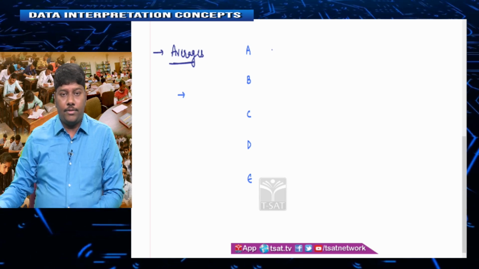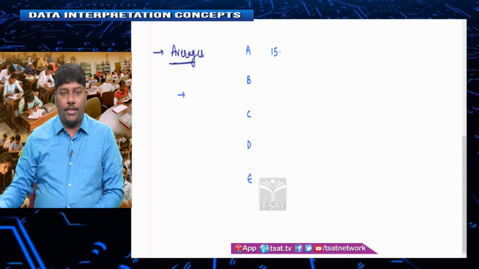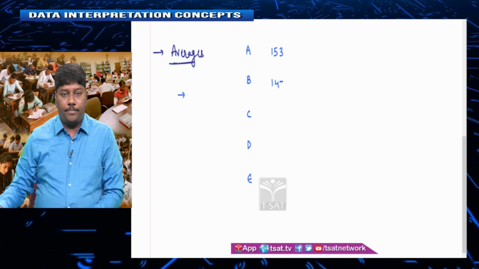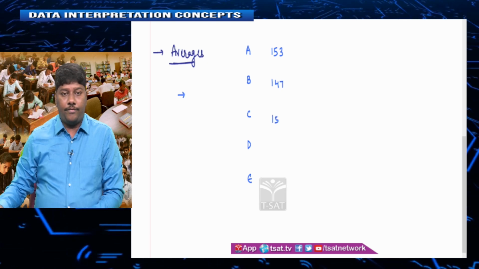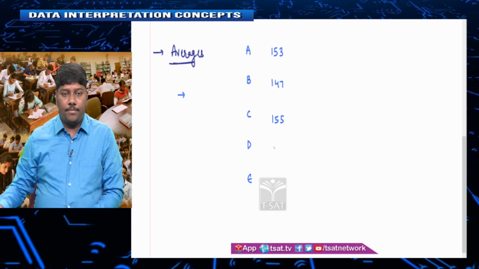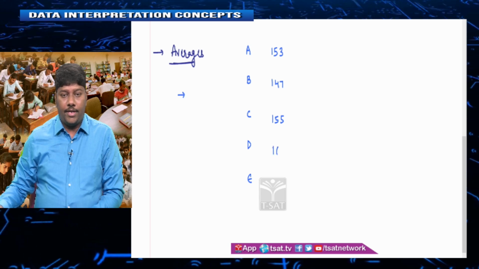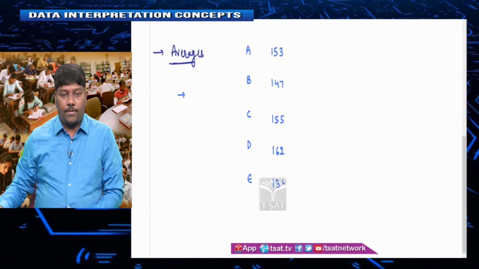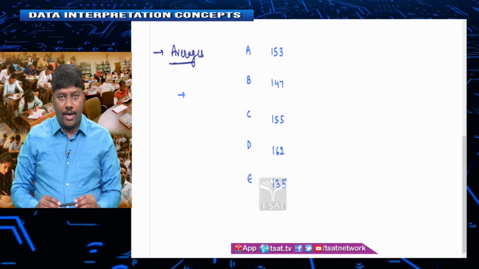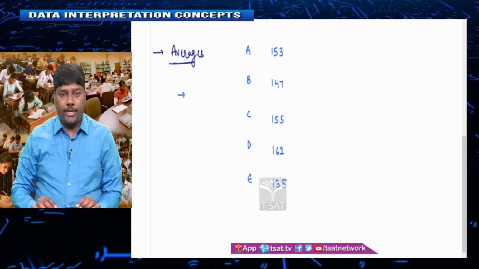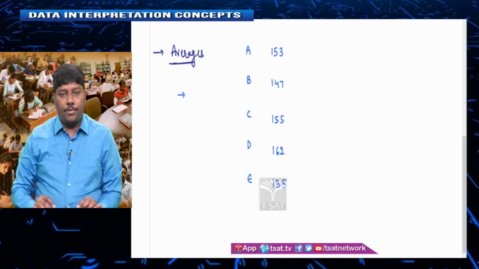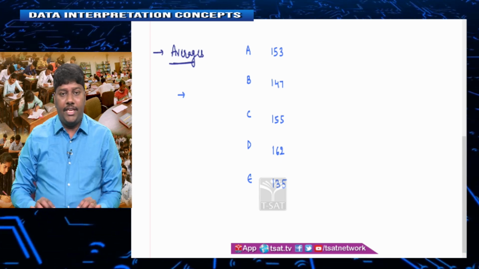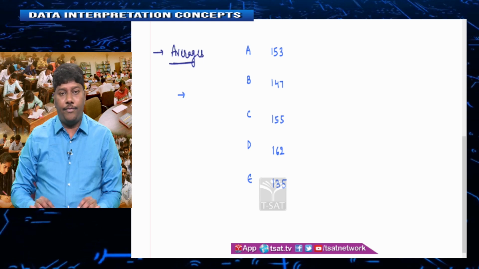Let's say the values are 153, 147, 155 in terms of 1000, 162, and 135. All the values are close to each other. These are the number of cars produced by 5 companies, and all the values are close to 150.